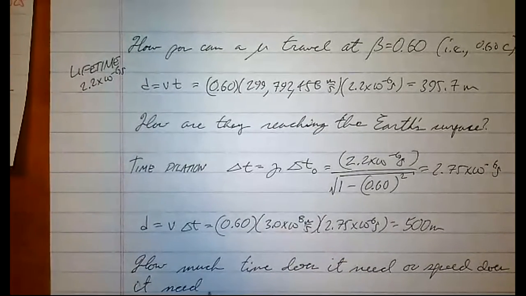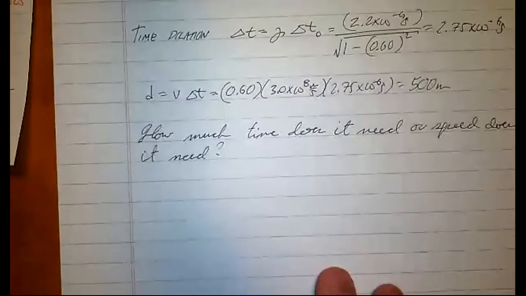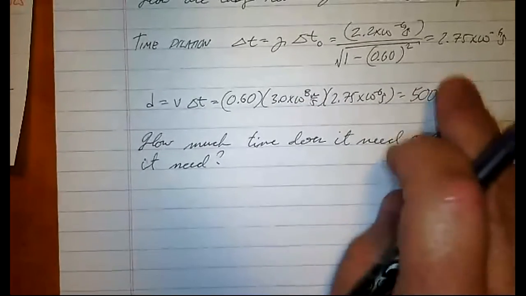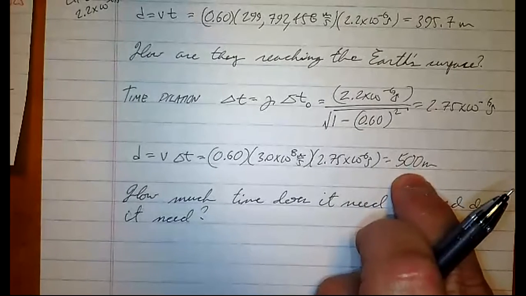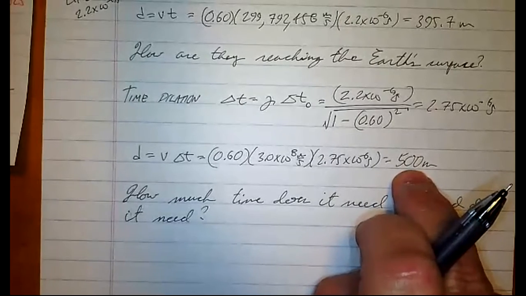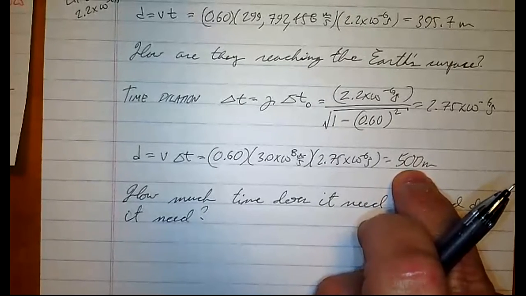So that's the rub. But we found this only went, what, 500 meters at 2.75. So increasing it by about 0.5 microseconds, which is really about 25%.